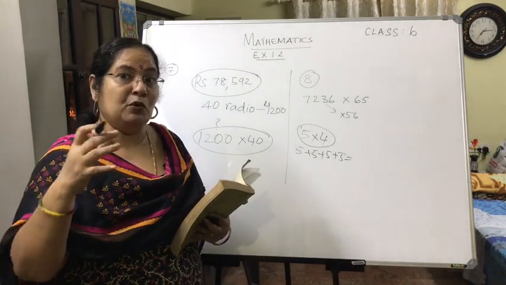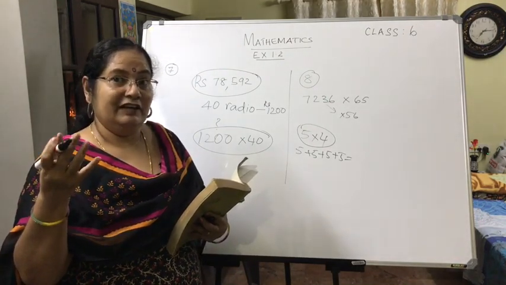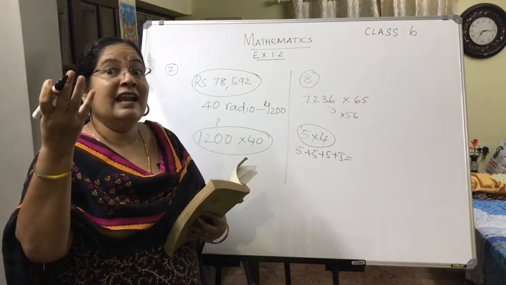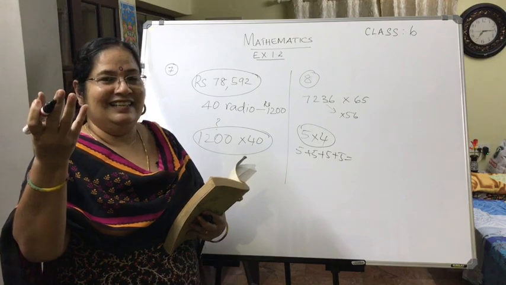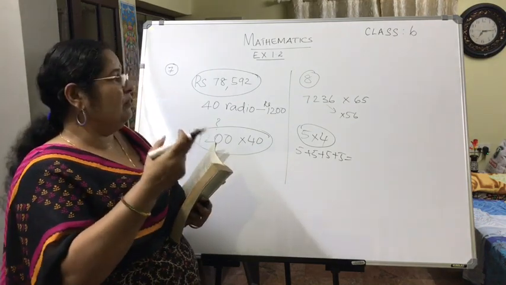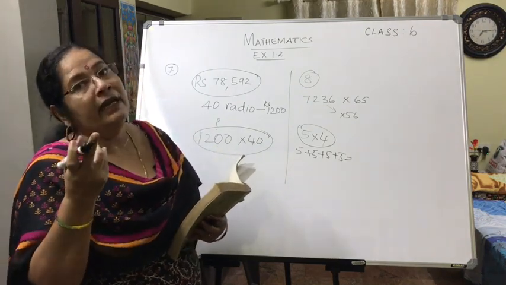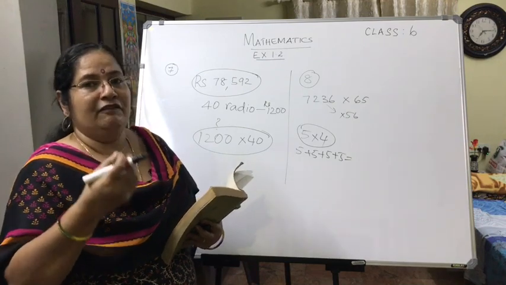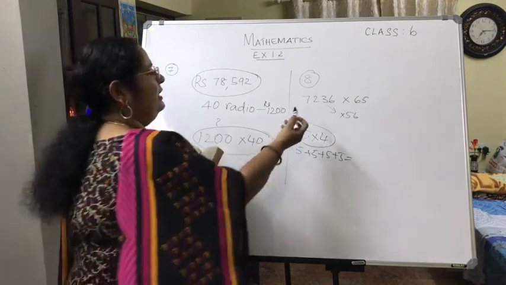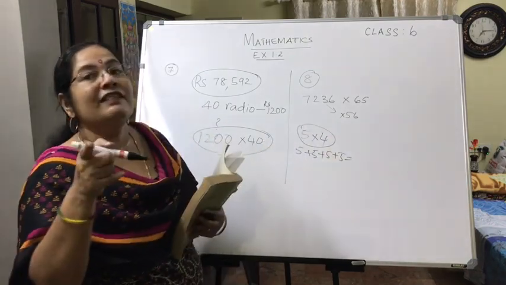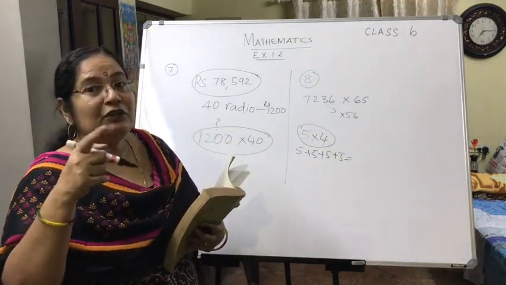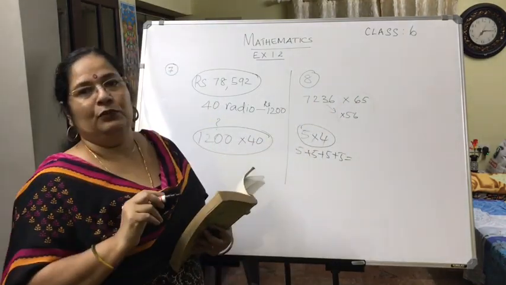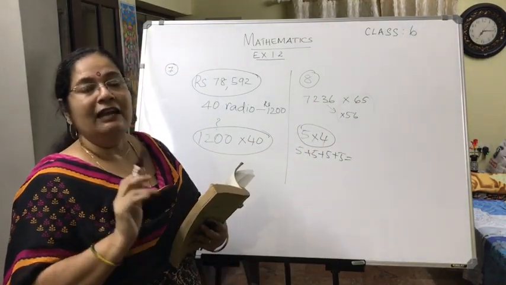How many times more? Yes, 9 times. The child added 7236 nine times more. So it is enough that we find the product of 7236 with 9. That will give you the difference between multiplying with 65 and 56.